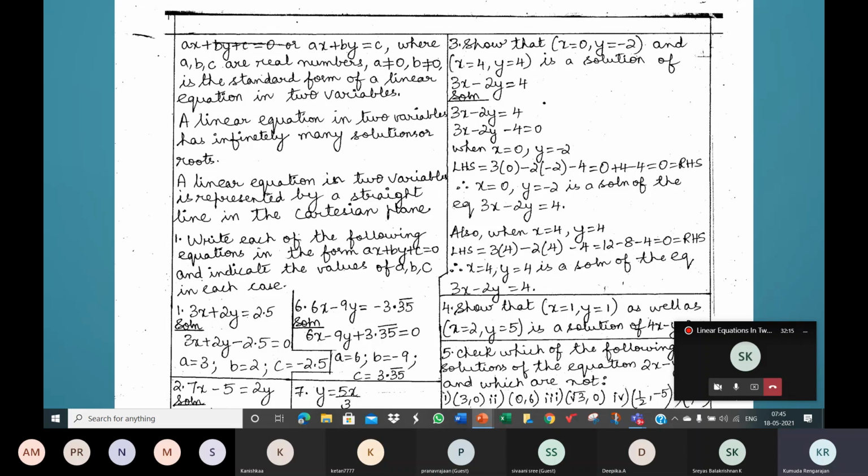That's one condition. And also, a, b and c can be any real value.